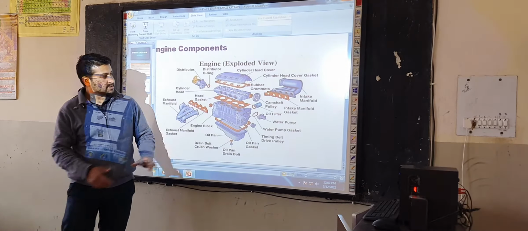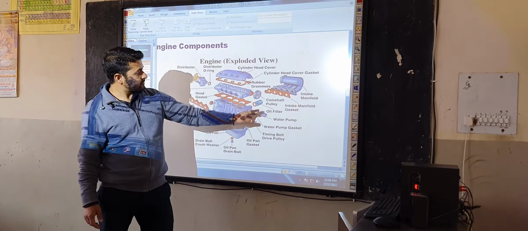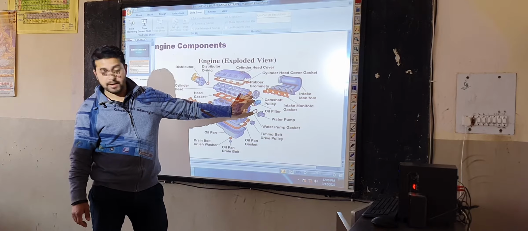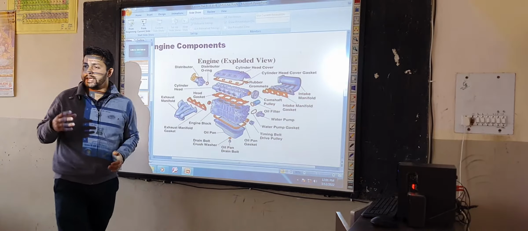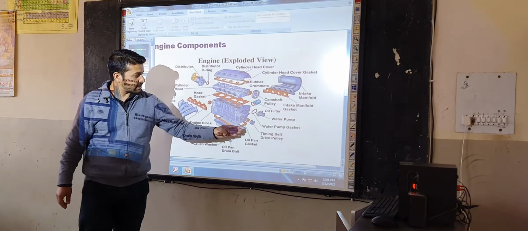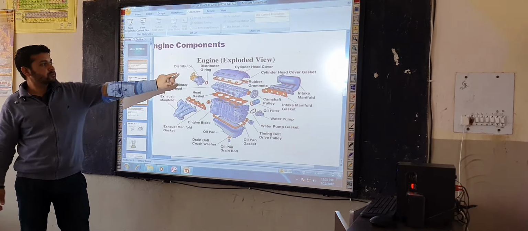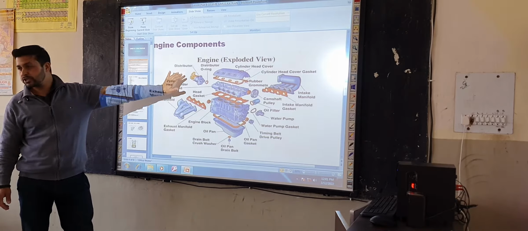These all are parts. And on the other side, this is the intake manifold and this is the pulley, camshaft pulley. As the camshaft rotates, it maintains the timing of valves. And then the water pump, etc. These all are major components. Here is one more thing also, the distributor.